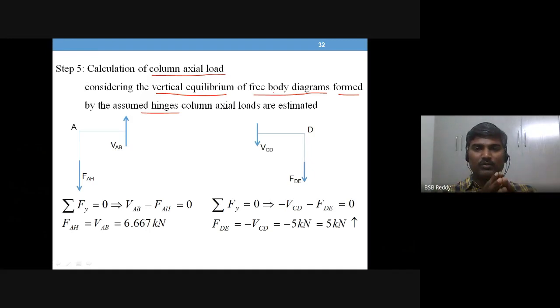I'll tell you in a simple way. Before that, you have applied assumption 1. So each member has got one hinge at the middle.